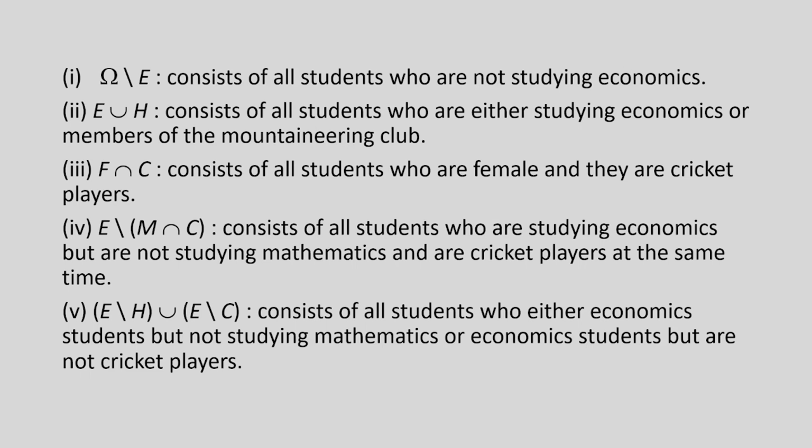And finally, number 5, E minus H union E minus C consists of all students who are either economics students but not studying mathematics, or economics students but not cricket players. This is not correct, this should be, yeah, H is not studying mathematics, this is not a member of the mountaineering club.